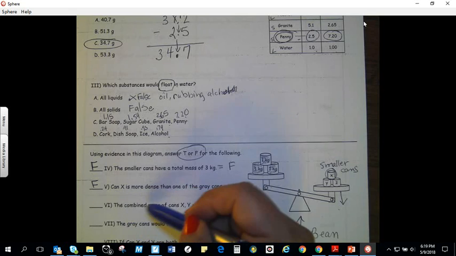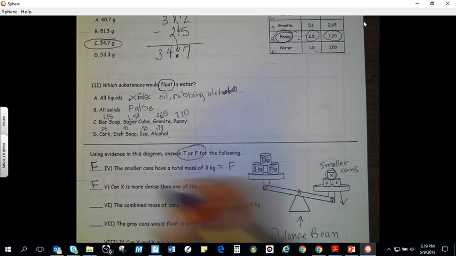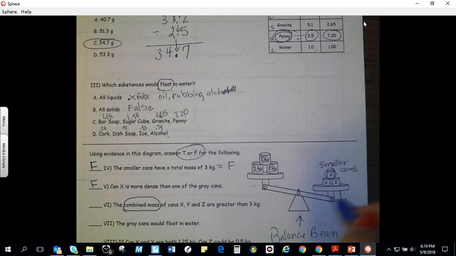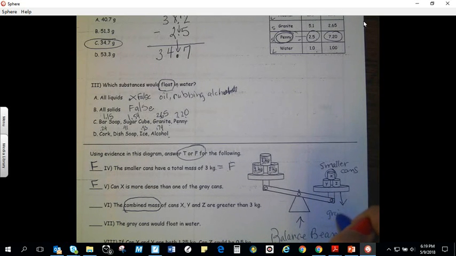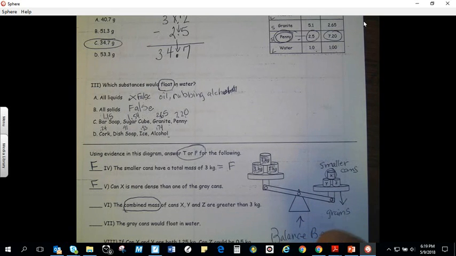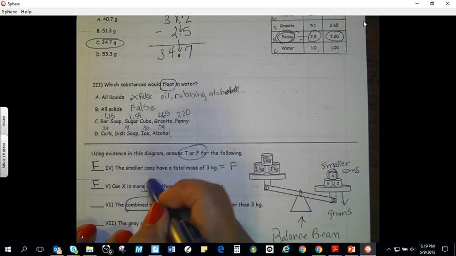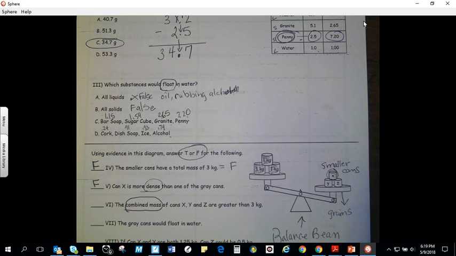The combined mass of cans X, Y, and Z. Combined mass. Because remember, this is grams, and we're measuring mass. And here we're talking about more dense. We're not doing anything with density right there.